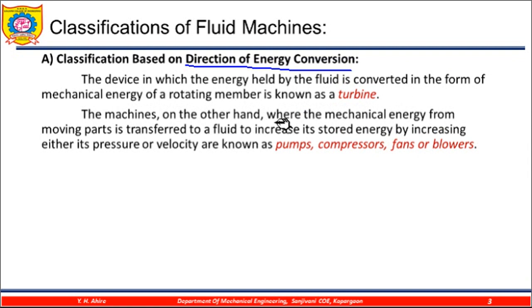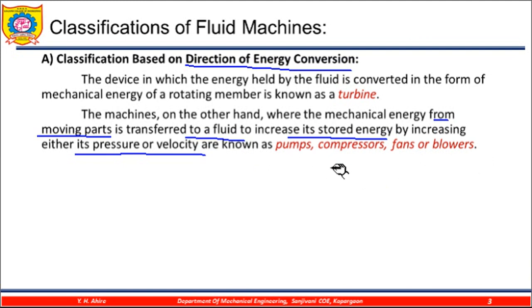While the machines, on the other hand, where the mechanical energy from the moving parts of a machine is transferred to a fluid to increase its stored energy, by increasing either its pressure or velocity, are known as pumps, compressors, fans and blowers.